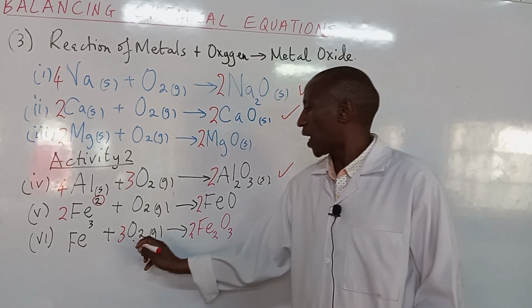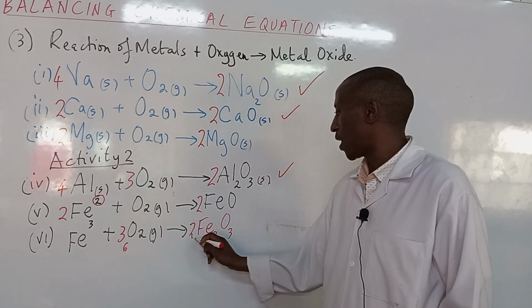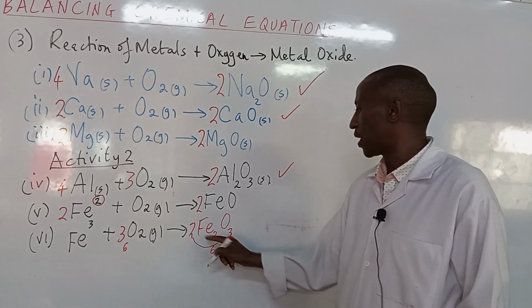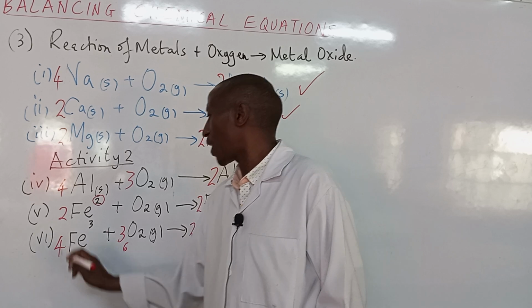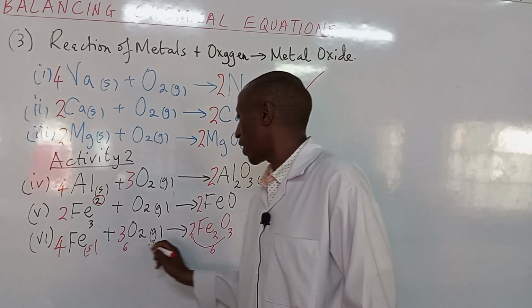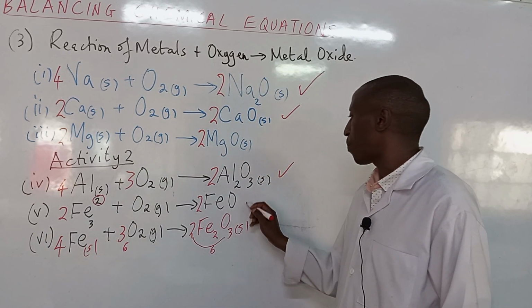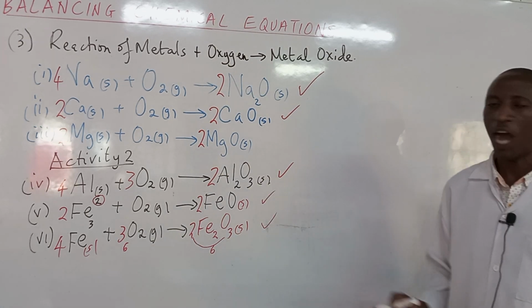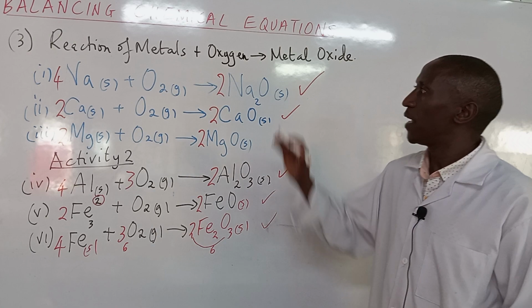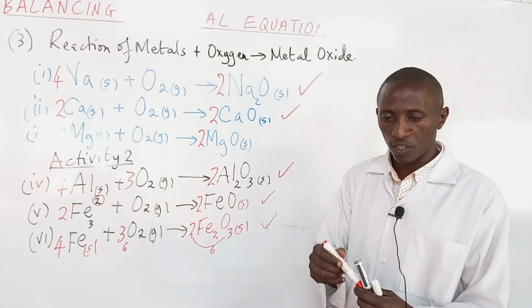That makes 6 atoms of oxygen, and here 2 times 3 makes 6. These are 4 atoms of iron, and we get 4 here, and the equation is balanced with the proper state symbols. And that way we shall be able to have that activity done on the reaction of metals and oxygen.